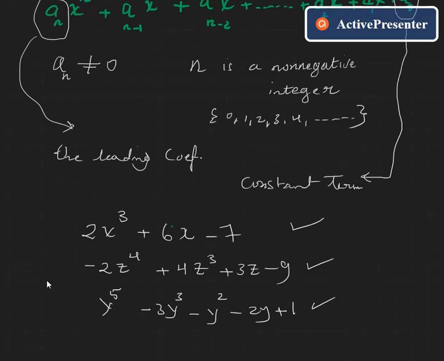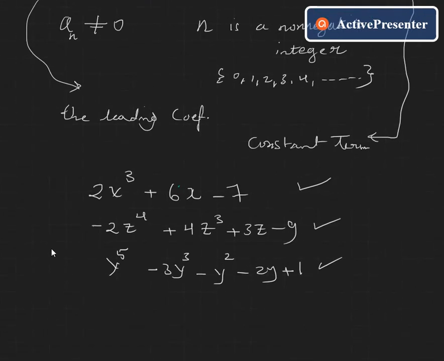Another example, minus 2x to the power 4 plus 6x cubed minus x plus 5. This polynomial is in the standard form.